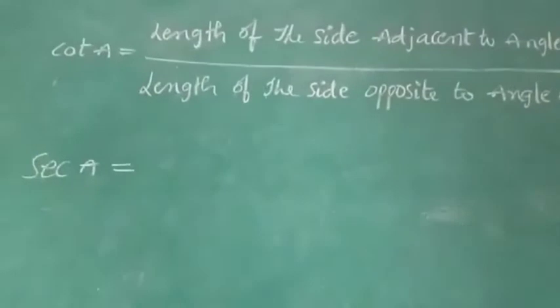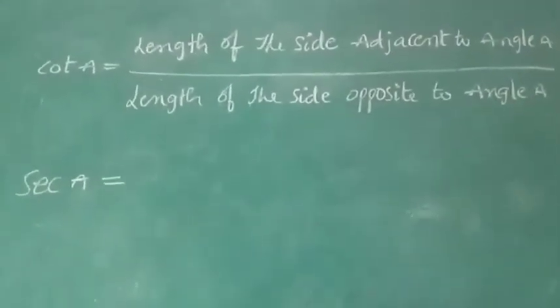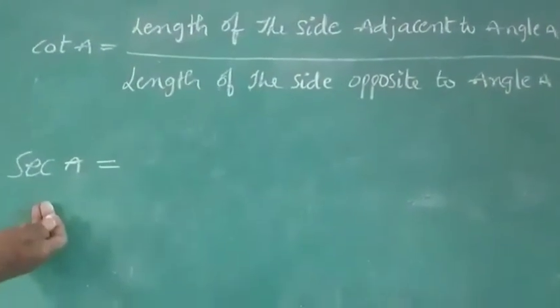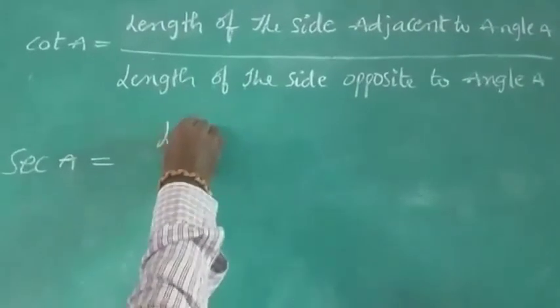Second, secant of angle A. Sec is the reciprocal of cosine. So reciprocal of cosine, what you will write?